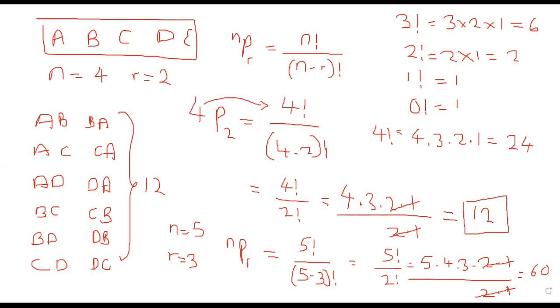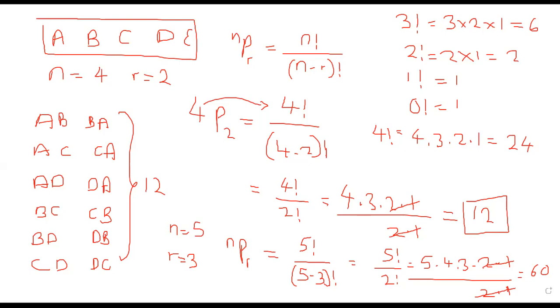Then the number of rearrangements: in case you're told in how many ways can we arrange in threes, that's what the question is saying. If the question was saying in twos, I would have put 2.